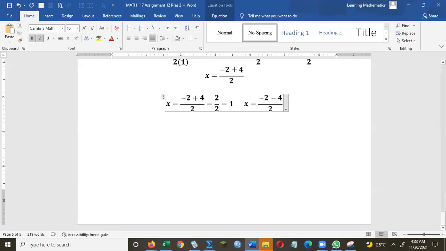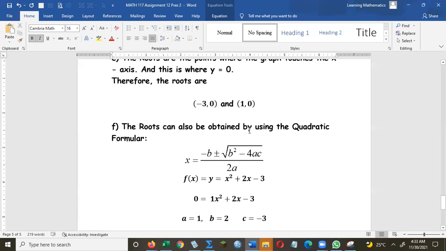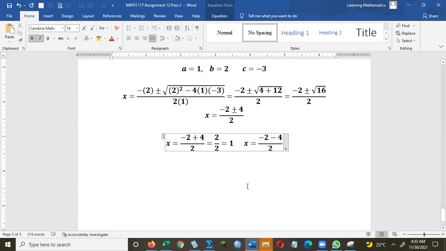All right, so that's the first one. You see 1, 0. So that's the first x value, 1, 0.